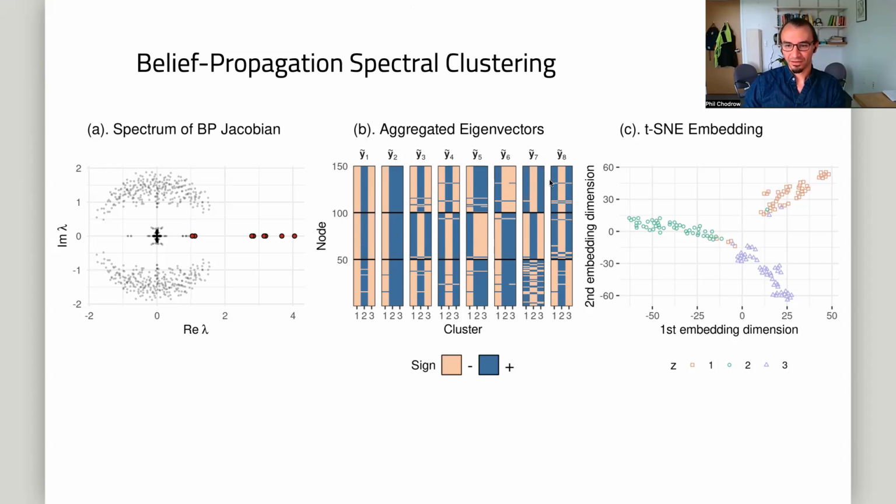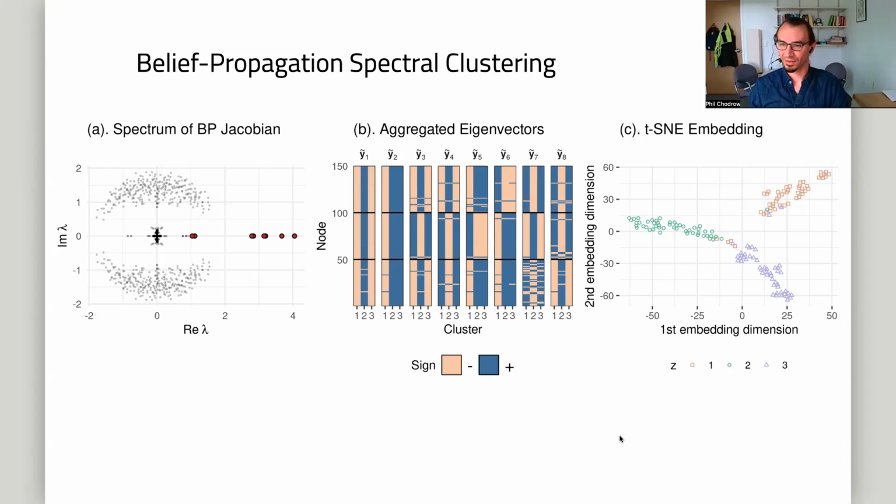On the other hand, when we look at some of these other eigenvectors, y3 through y8, we can see that the black lines, which represent the true partitions that I planted in this particular example, have very different eigenvector sign patterns on different sides of them. This indicates that if you use these to form a Euclidean embedding, you would see these features approximately separating the nodes into clusters.